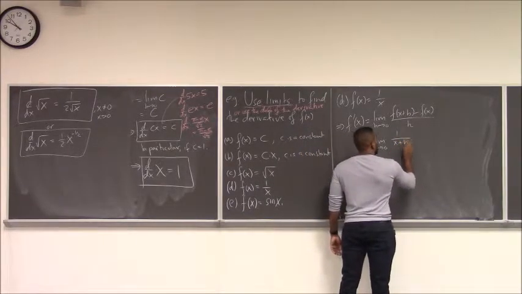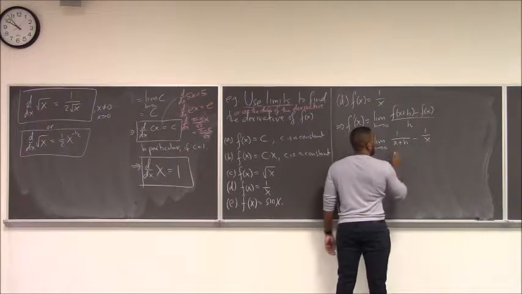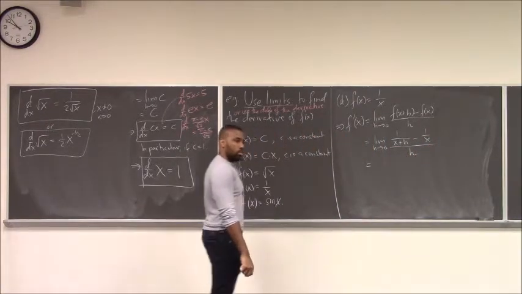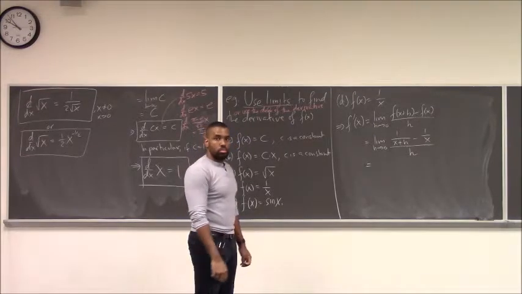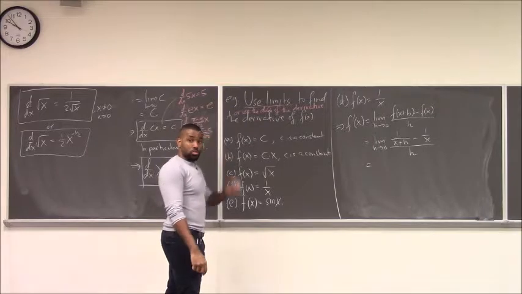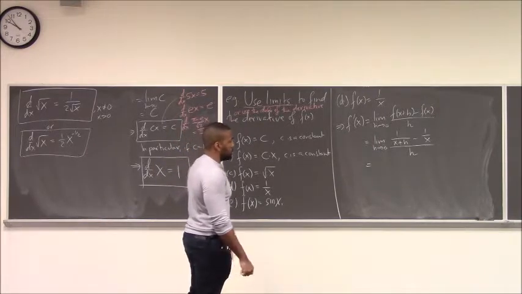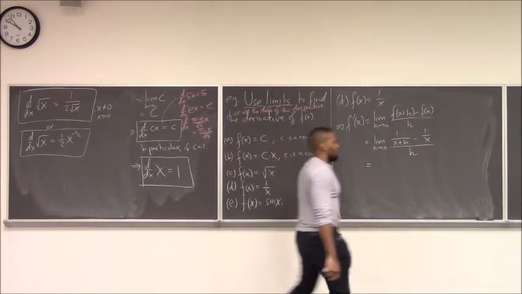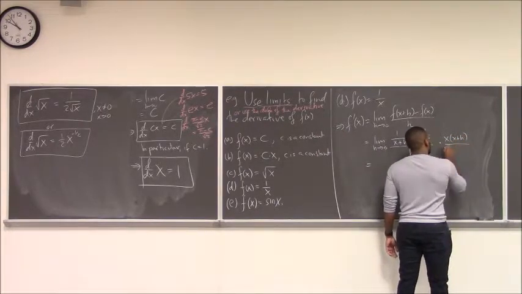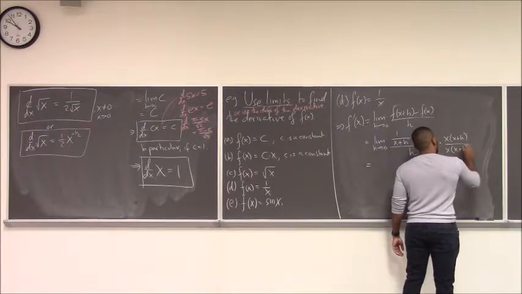That will look like this. That's your f of x over h. How do you simplify that? You do a common denominator, which is what here? x times x plus h. So we have the LCD. So multiply and divide by the LCD.